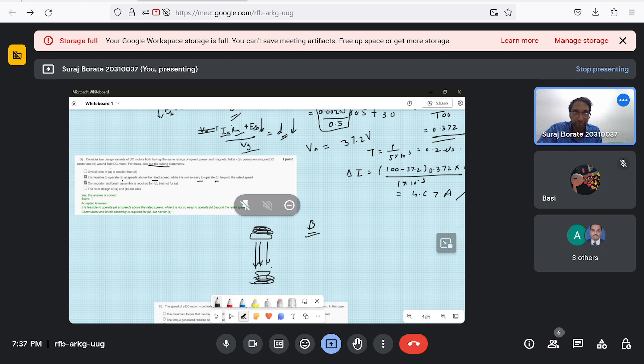If you cross that, we don't guarantee that it will work properly. It may damage itself, or it may not work optimally.